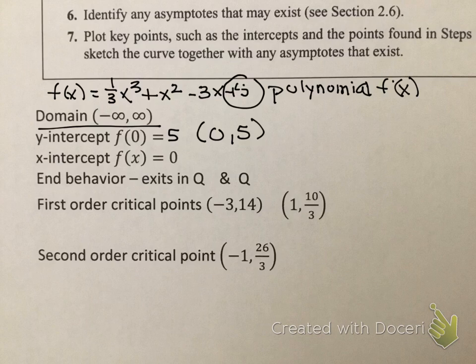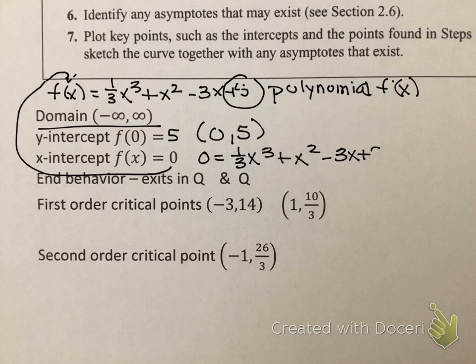To find an x-intercept, I plug in 0 for y, and I would get 0 equals 1/3 x cubed plus x squared minus 3x plus 5, which I really don't want to do, because to find those x-intercepts would require all sorts of things like synthetic division and finding rational roots.